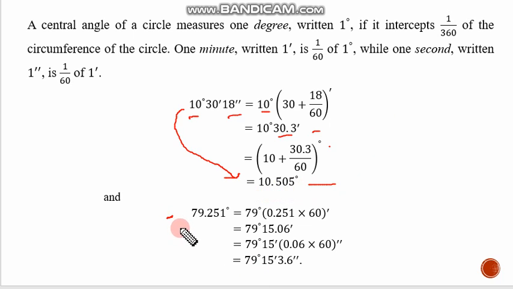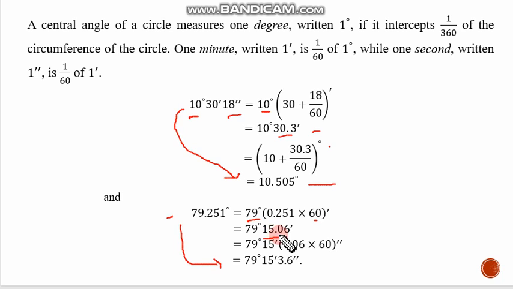Next is from degrees to minutes and seconds. So we leave the degrees here, 79, and the 0.251 degrees, let's convert it into minutes. So 0.251 multiplied by 60 is 15.06. So 15.06 is in minutes.